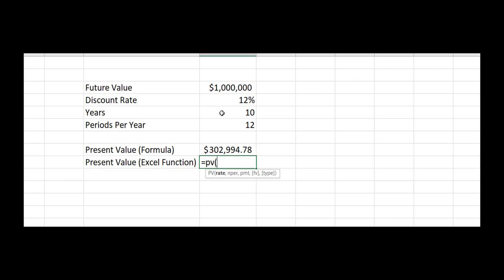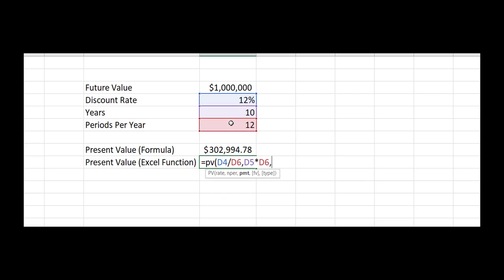So we have a rate, right? That's going to be our 12% discount rate. But remember, we're doing intra-period discounting, so we're going to divide by the number of periods in a year, 12. Now I'll type a comma. Now we need the number of periods, so that's going to be 10 years, an asterisk to multiply by the 12 compounding periods in that year.